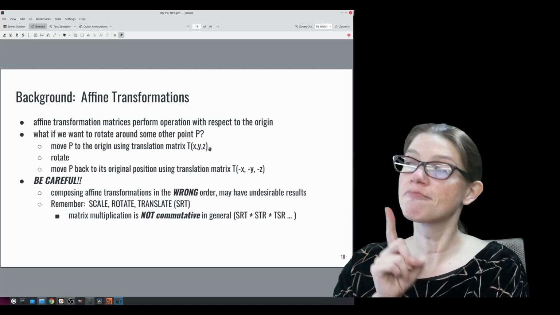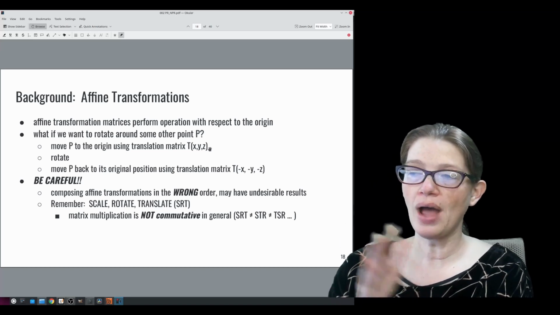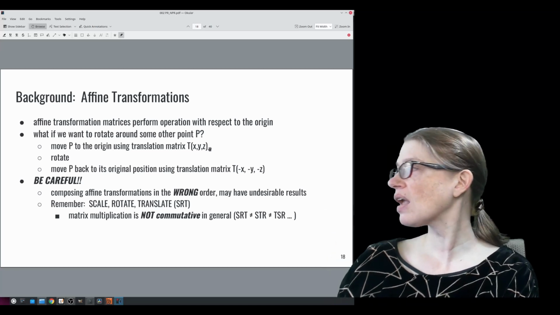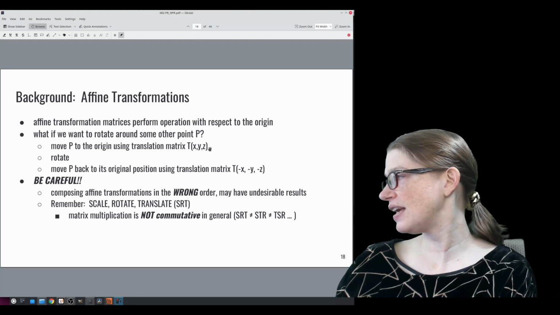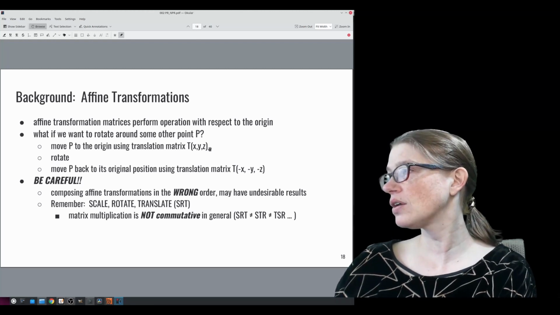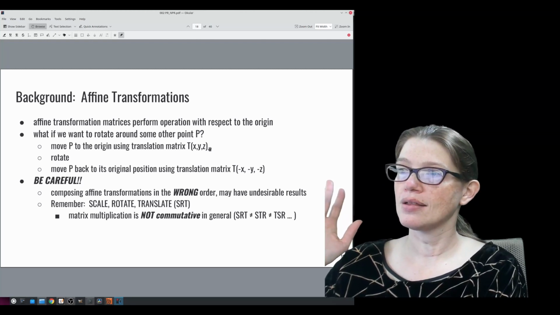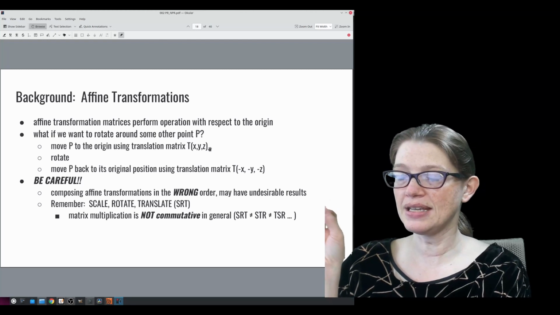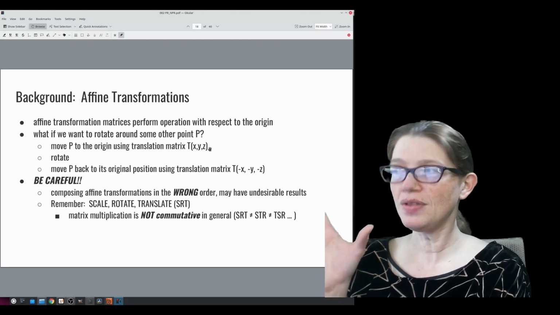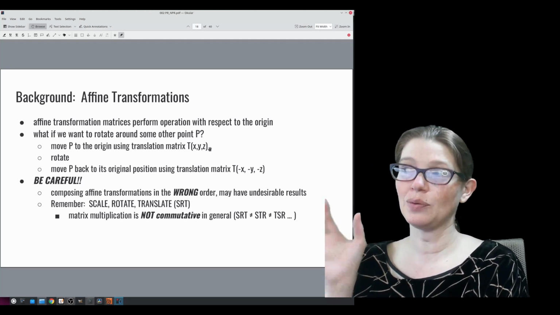But it's really important you do this in the right order. So as we showed you at the very, very beginning, if you do any of this with respect to a point in 3 space, if you do these multiplications in the wrong order, it doesn't equal the right order.